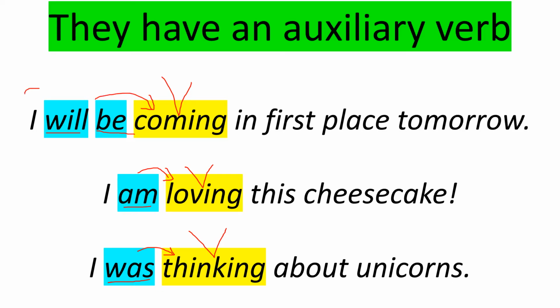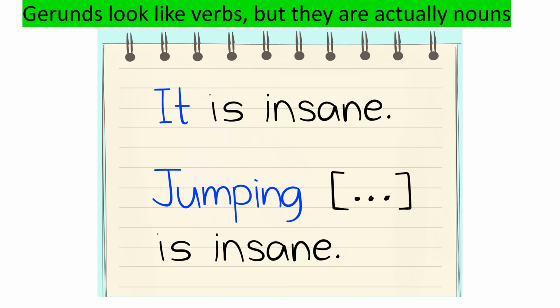And of course we have a subject who is doing the action. I can ask myself, who will be coming in first place? And the answer will be I will be coming in first place. Right, so there's a clear subject there.